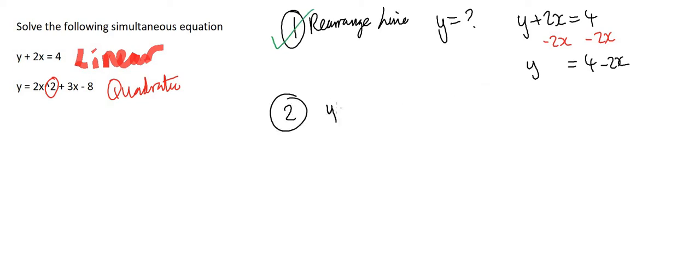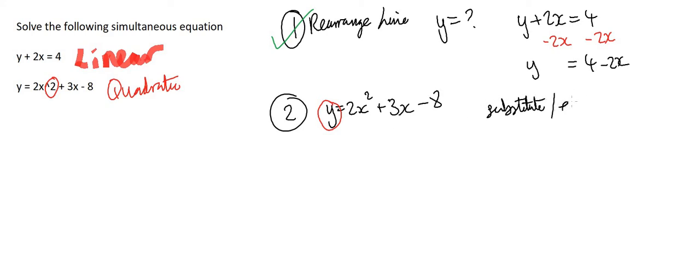Step 2. I have y equals 2x squared plus 3x minus 8, and I want to substitute for my y so I only have x's.